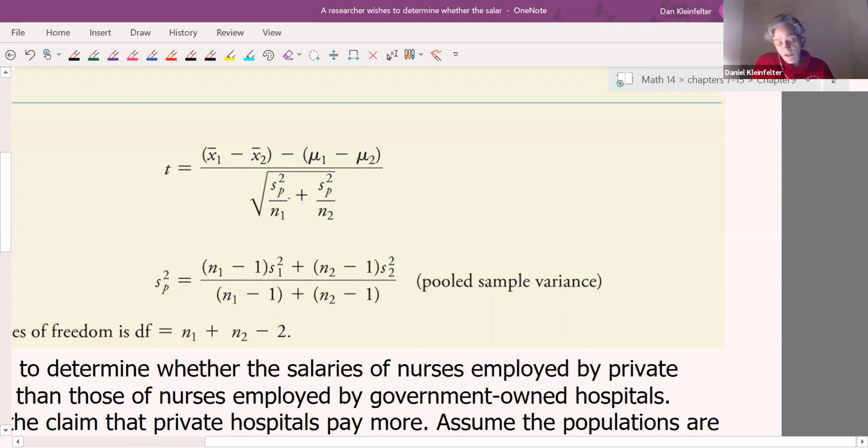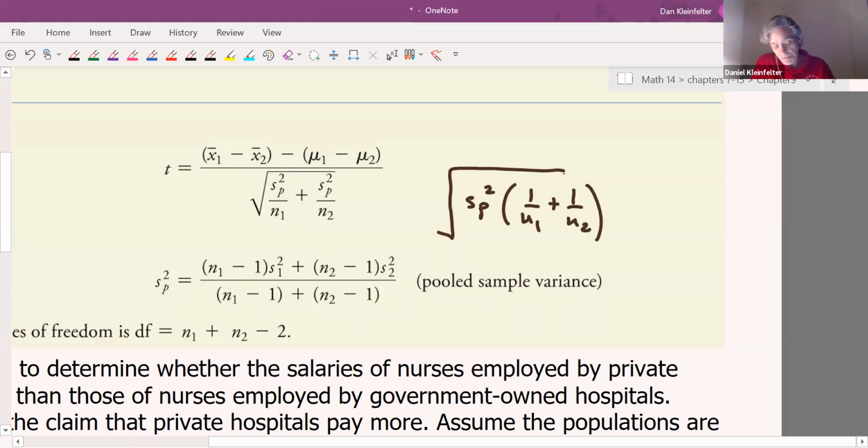One thing that I can tell you that may make your life a little easier is that you can see that SP is the same thing in two different places. So note that underneath the radical, if you factor out that SP squared, you only will need to type it into your calculator once. Then you have 1 over N1 plus 1 over N2. So that would be an alternate way of presenting that radical.